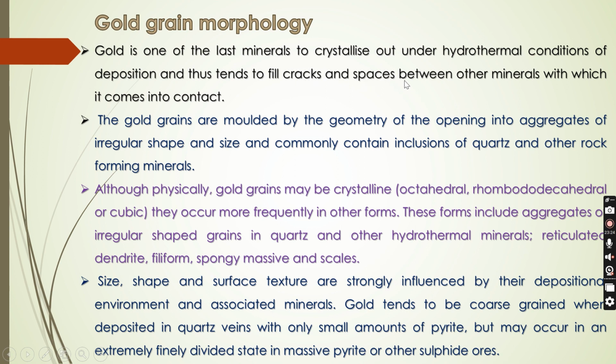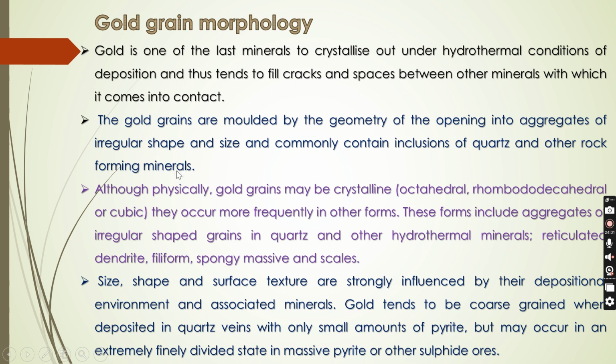That is why quartz vein lode gold type mineralization is common. The gold grains are molded by the geometry of the opening into aggregates of irregular shape and size, and commonly contain inclusions of quartz and other rock forming minerals, as I have discussed. So it takes the shape of the available space.